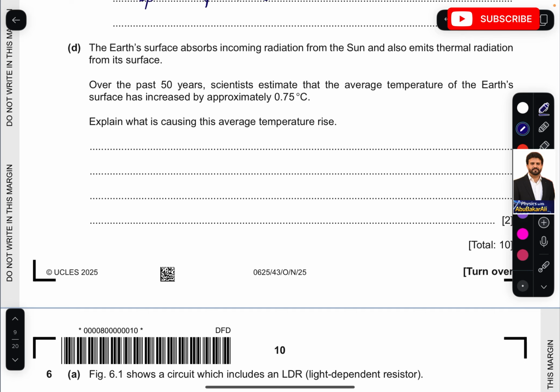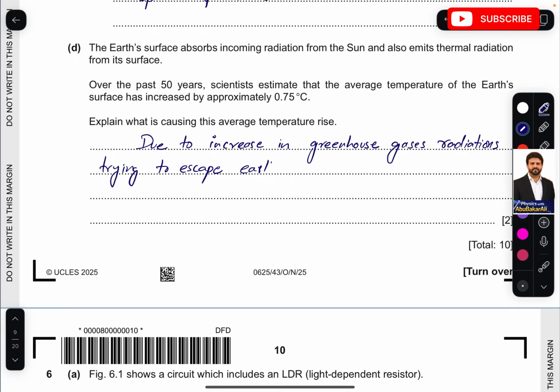We can say: due to increase in greenhouse gases, radiations trying to escape Earth's atmosphere are reflected back.